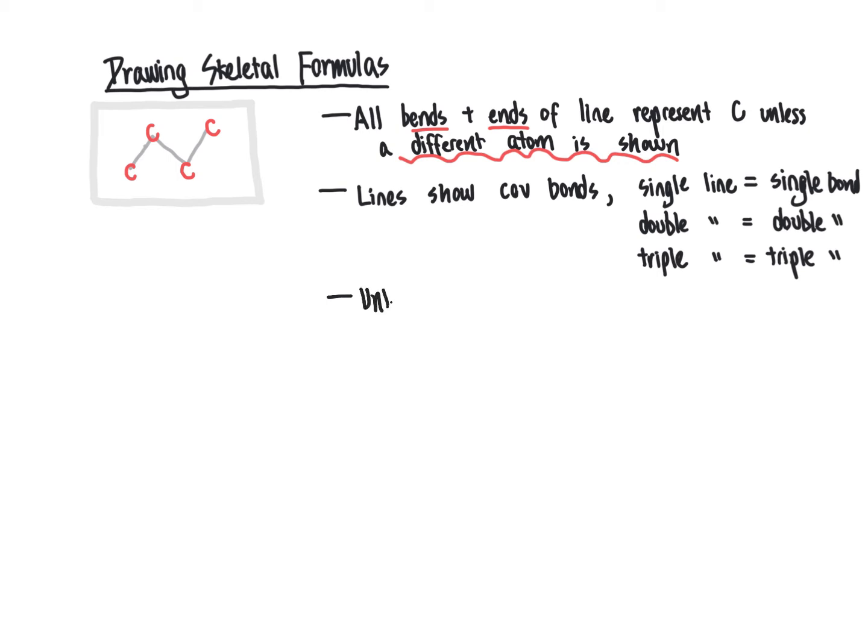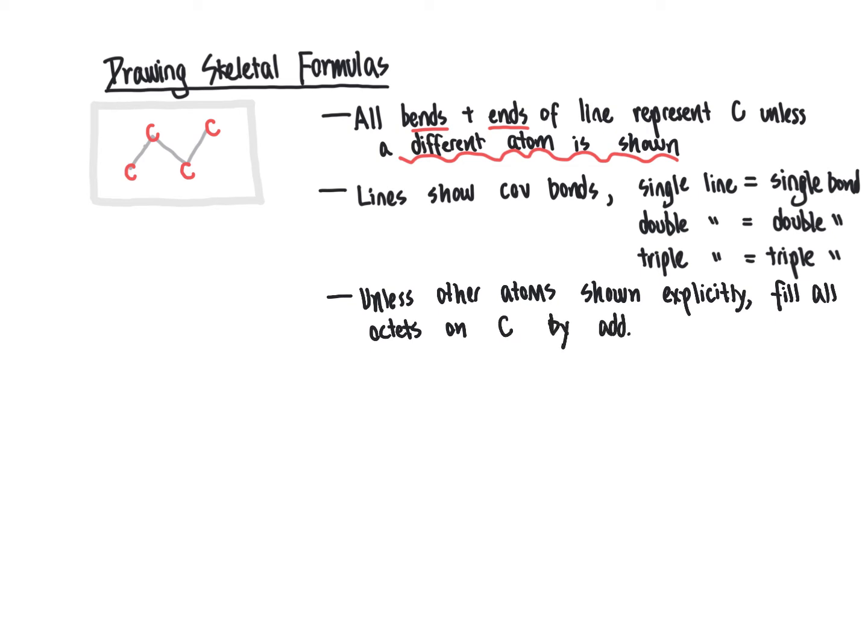So unless other atoms are shown explicitly, such as oxygens or halogens or whatever else, we are going to fill all octets on carbon by adding hydrogens as necessary.